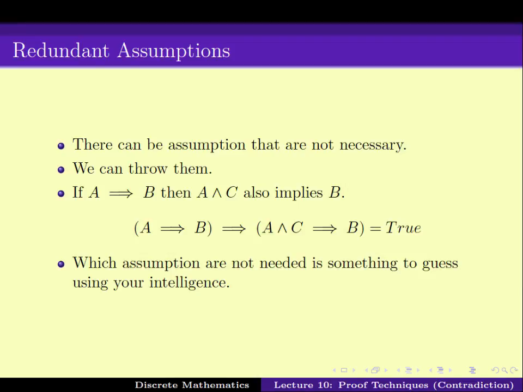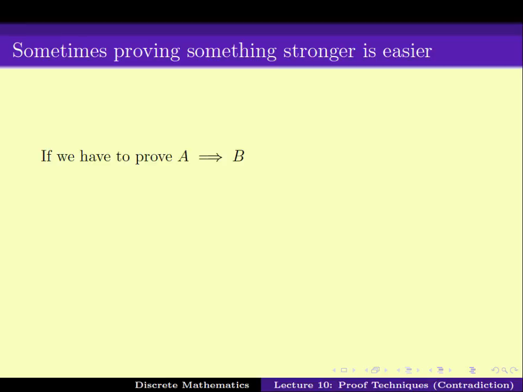Now the third technique or third trick that we learned was that sometimes proving something harder can actually be easier. So in other words, if we have to prove A implies B, and if we can prove that A implies C, and C implies B, then A implies B follows.